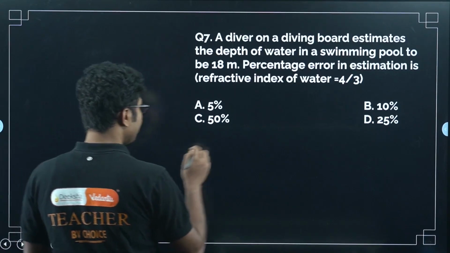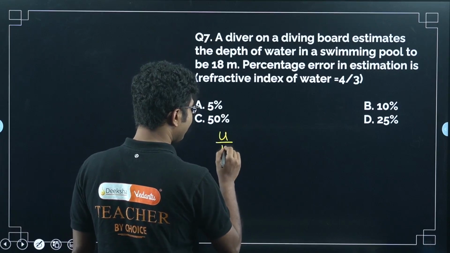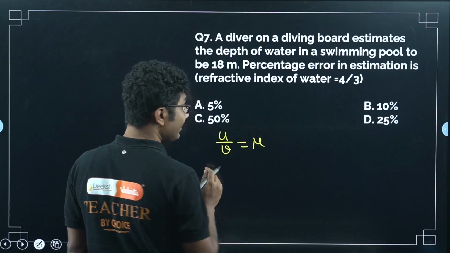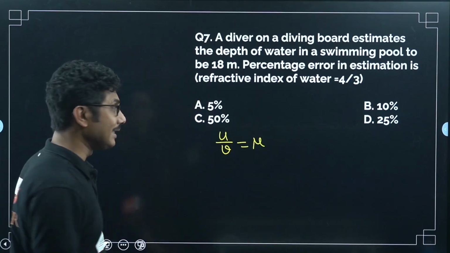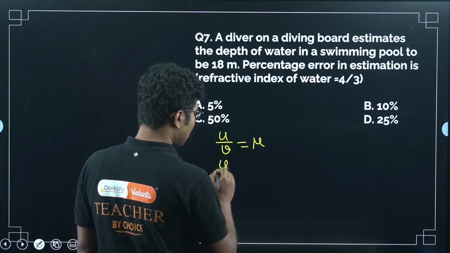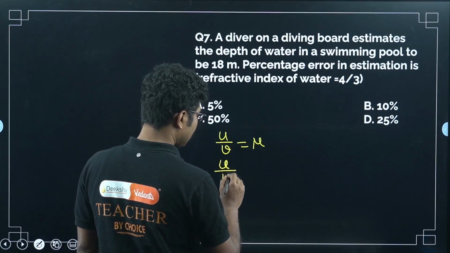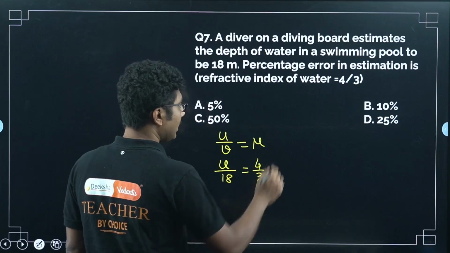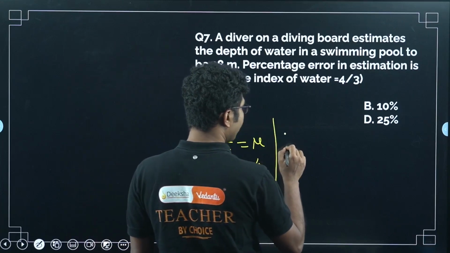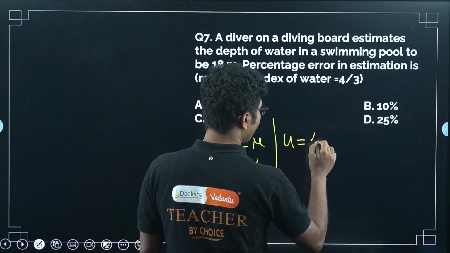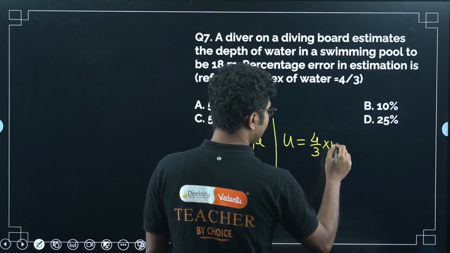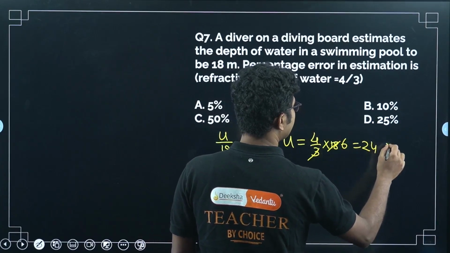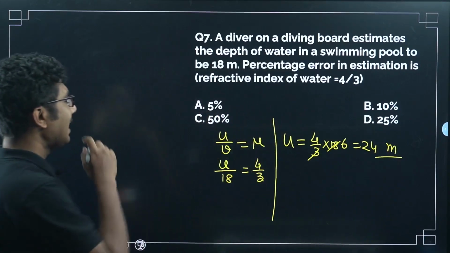We don't know U, but we know that he saw it apparently at 18 meters. Apparent depth means V, equal to 4/3. So U equals 4/3 times 18, which is 24 meters. 24 meters is the actual depth.